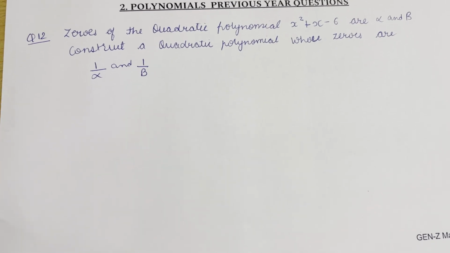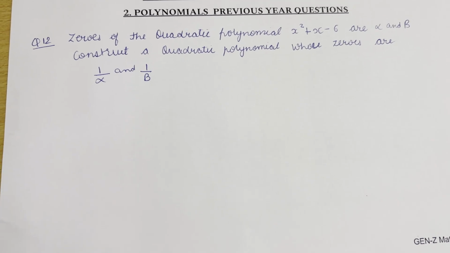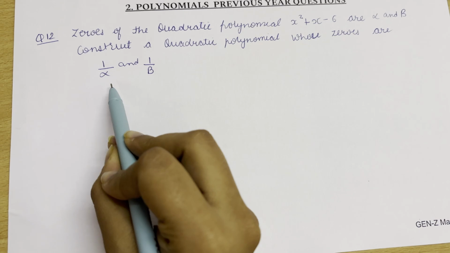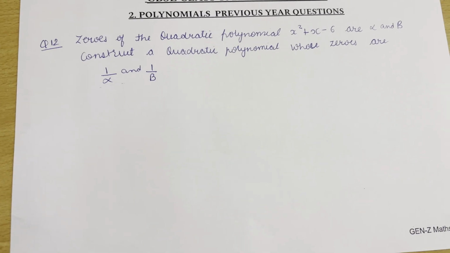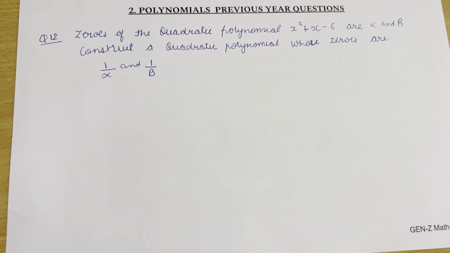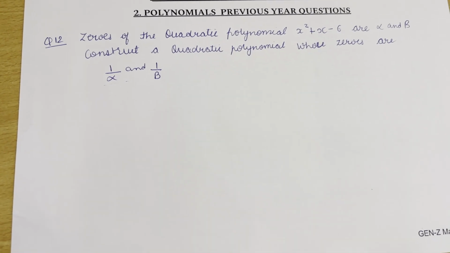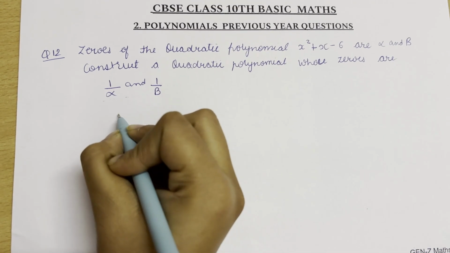In that, we were asked to find a polynomial whose zeros were 2 alpha plus 1 and 2 beta plus 1. Here we are asked to find a polynomial whose zeros are 1 by alpha and 1 by beta. So simply we'll follow the same steps. But there are two methods by which this question could be solved, and I'm going to tell you the simplest one. So let's begin solving it.